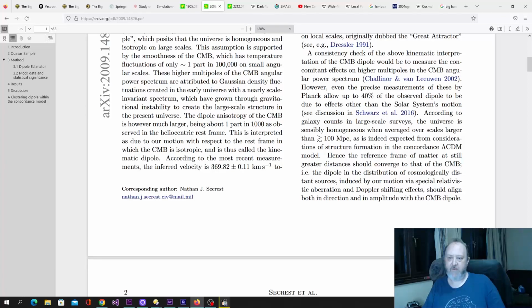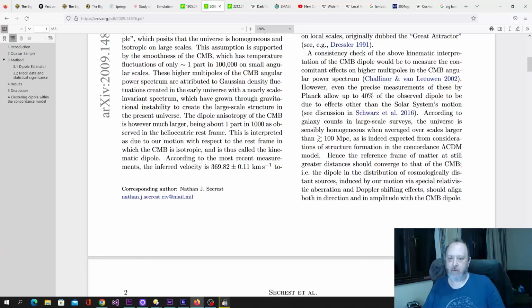However, even the precise measurements of these by Planck allow up to 40% of the observed dipole to be due to effects other than the solar system's motion. So, referencing previous work, I think we probably want to have a look at these at some point.